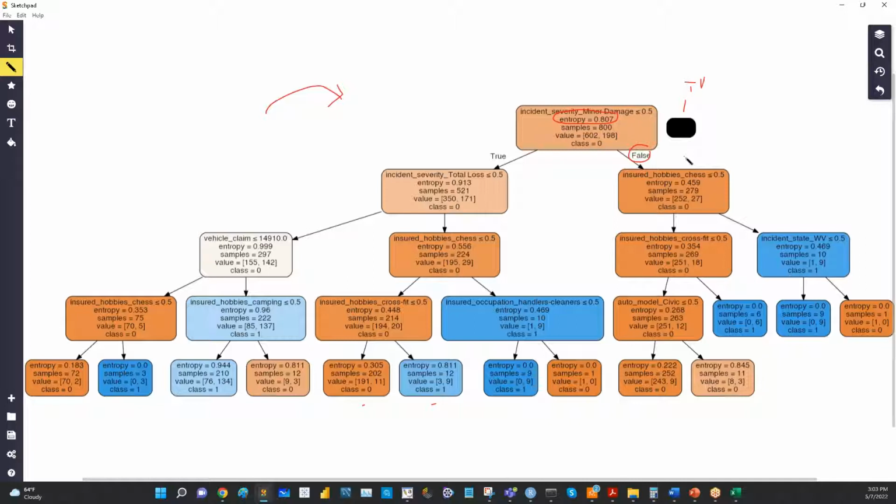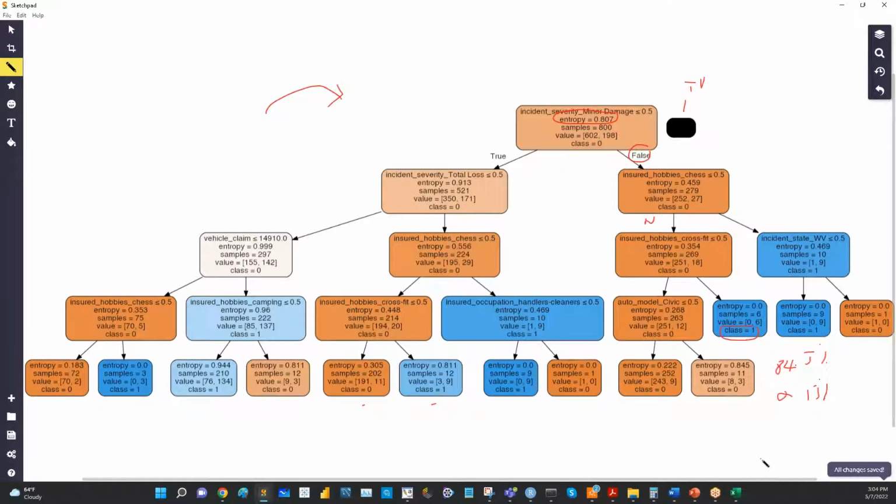Yes or no? No. So we go in this direction. And is your hobby CrossFit? Yes or no? Yes. Then you are a liar. So that's the way it is. It might be wrong too, right? Yeah, and we have, you are a liar 84.5%. But we could be wrong, almost 20, not 20, it's going to be 16 or 14, 15%.